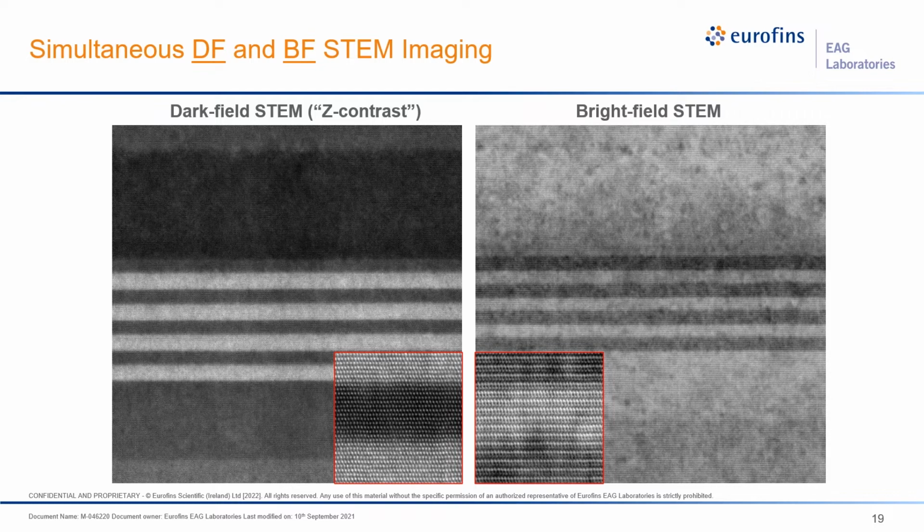And the good thing about STEM mode is that if somebody says, I still want to understand the diffraction contrast in my sample, you can collect a so-called bright field and dark field STEM image at the exact same time. So you don't need to choose one or the other.